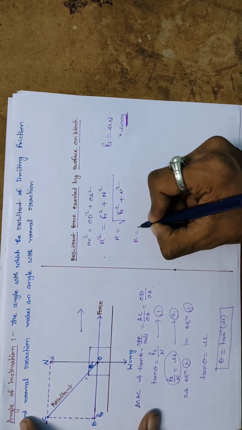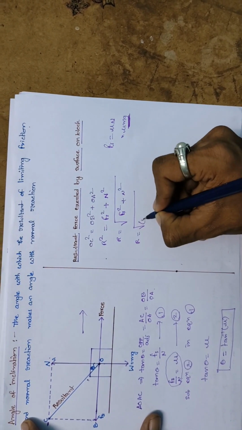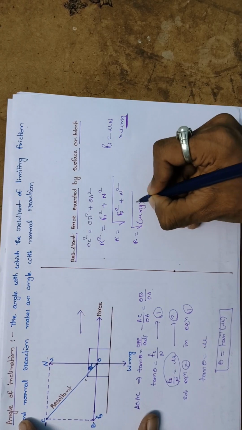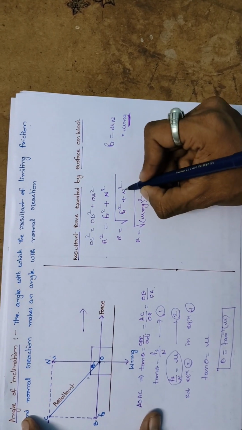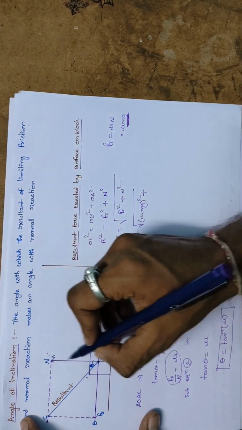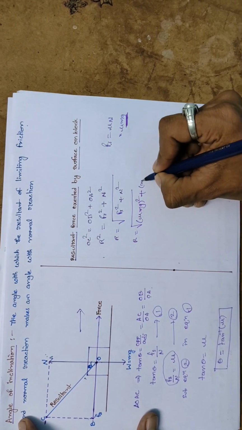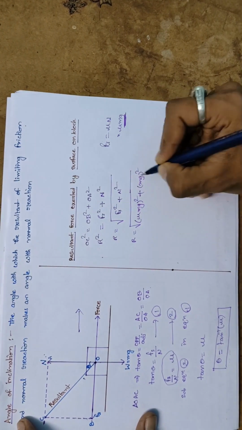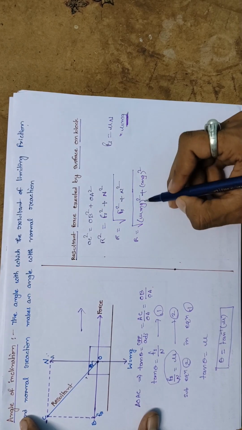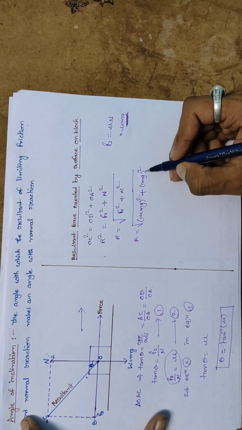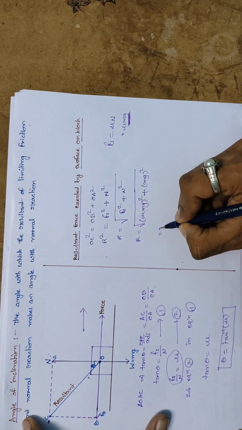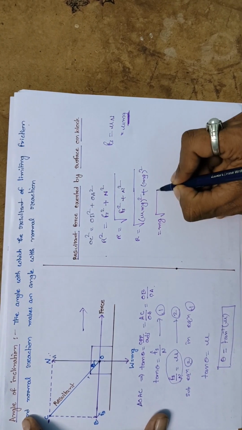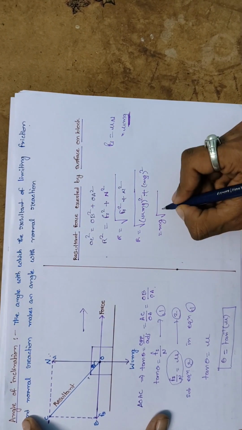So resultant R is equal to under root of (mu mg) whole square plus normal reaction, which is mg, whole square. Here mg square is present in both terms. Take mg outside: mg into under root of mu square plus 1.